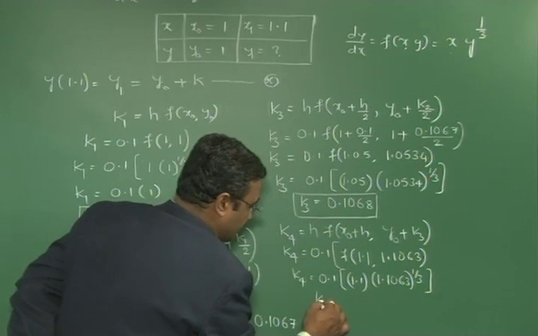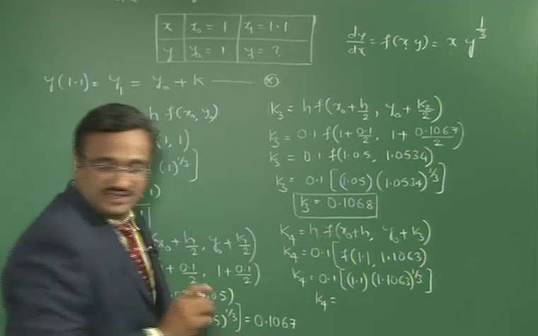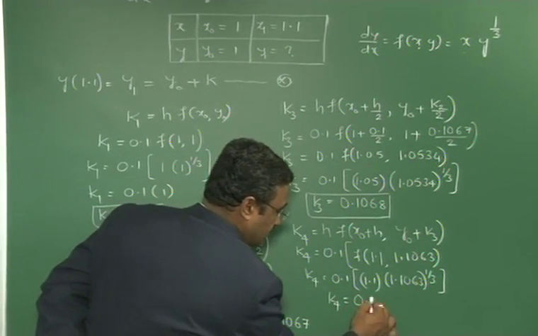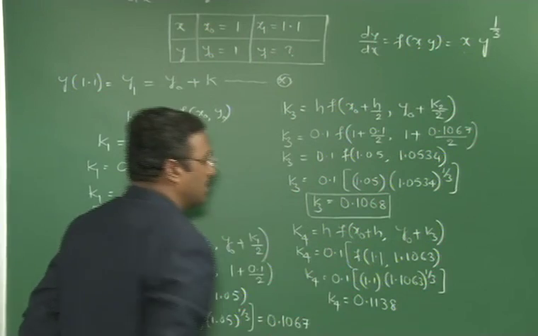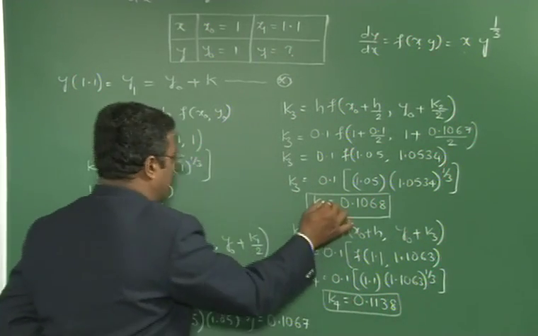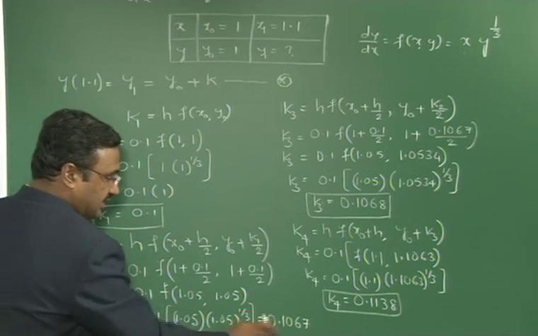Further simplification gives 0.1138. So this is the value of k4, and these are the values of k1, k2 and k3.